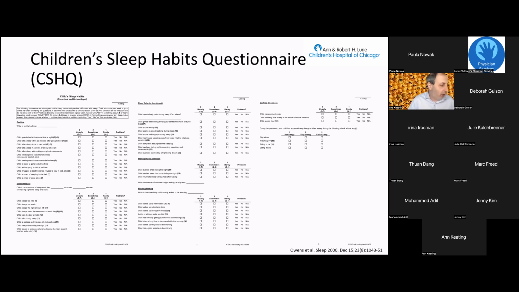Researchers like this questionnaire because not only is it well validated, but parts of it can be broken out, and they are also validated. So it is possible to determine not only whether children have sleep issues, but what sleep issues they have, all based on the same questionnaire.